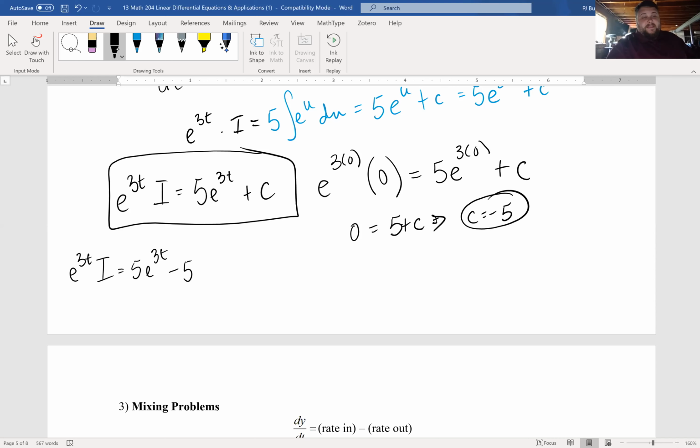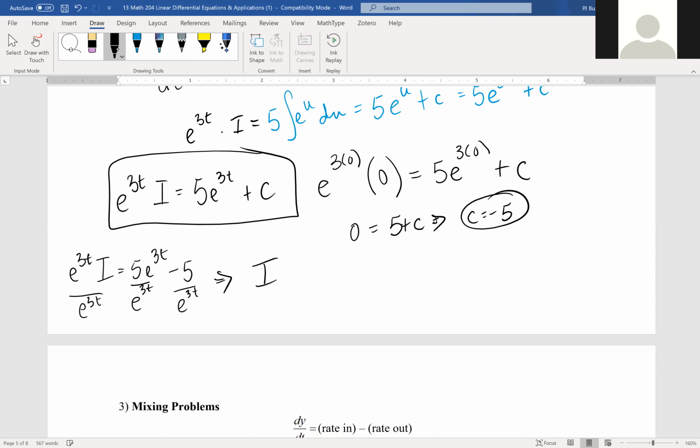The last step is to get I by itself, so divide through by e to the 3t. So cancel here and here. And instead of leaving it in the denominator, I'm going to pull it up to the numerator.